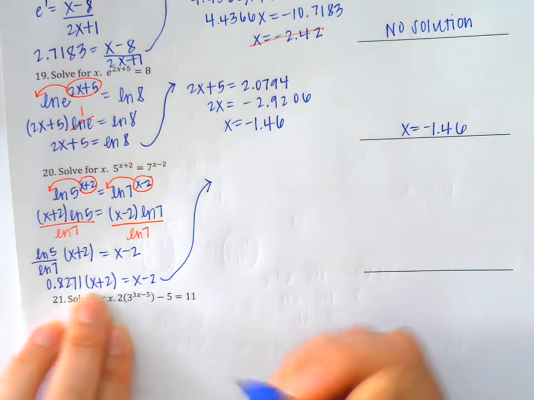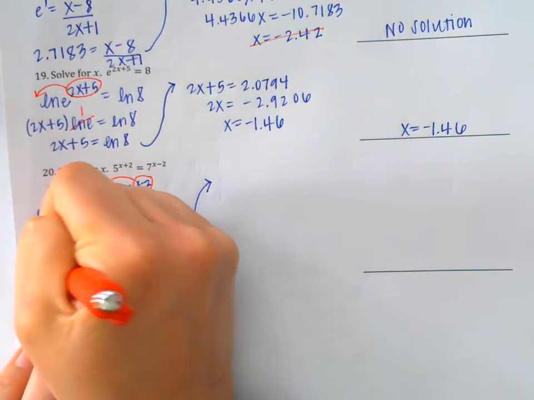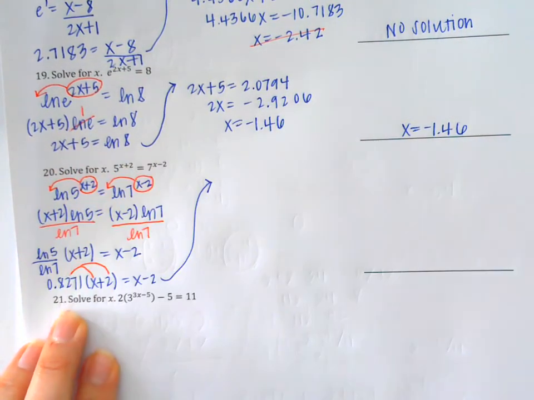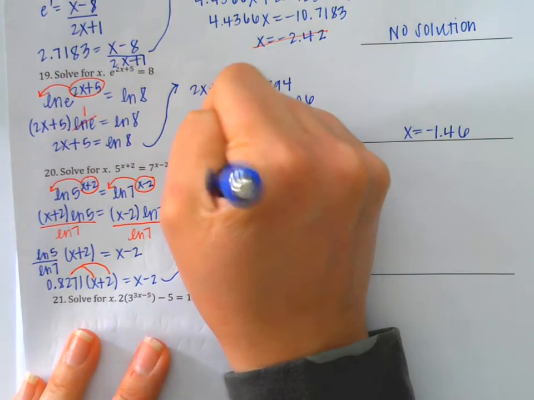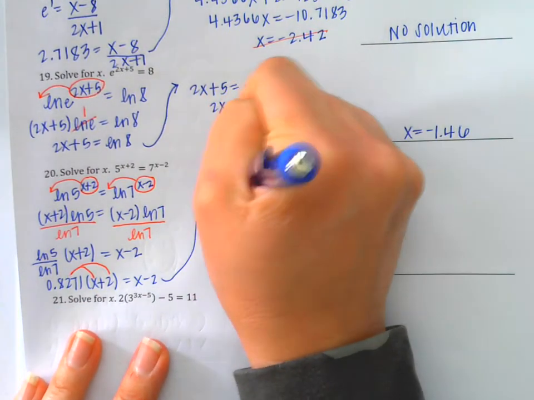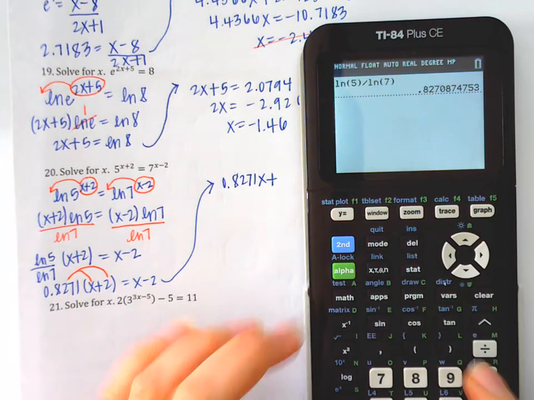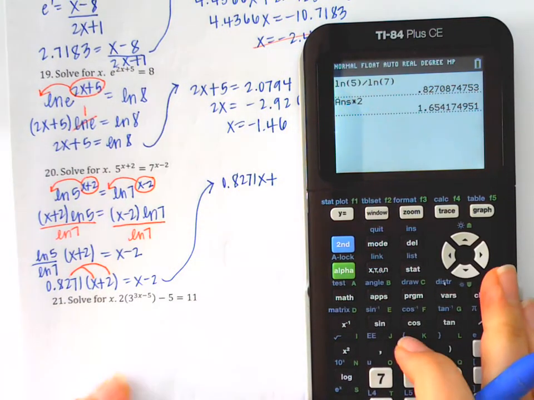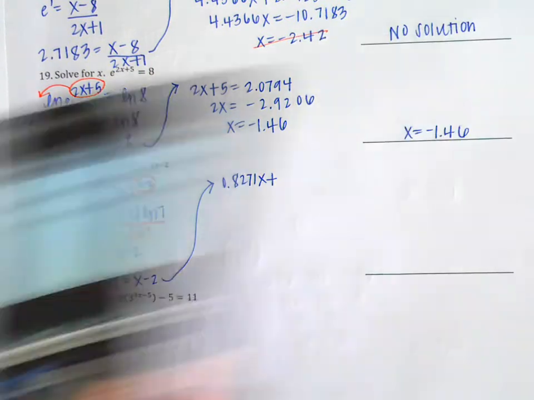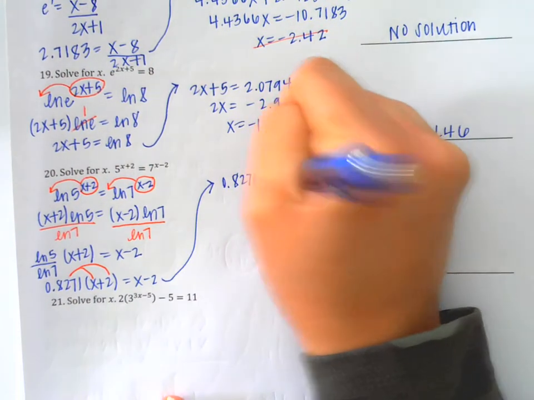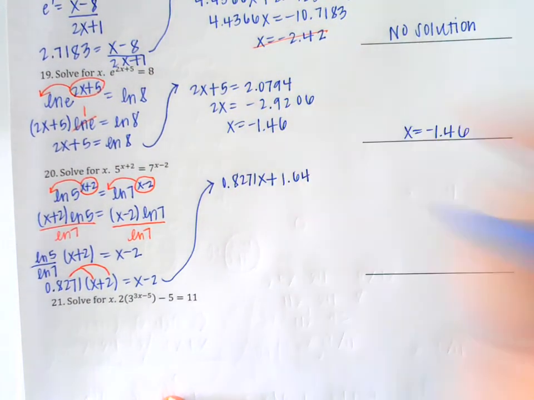I'm now going to distribute that. So that's going to be 0.8271x plus, I'm going to multiply by 2. So that's 1.642. Oh, 65, sorry.